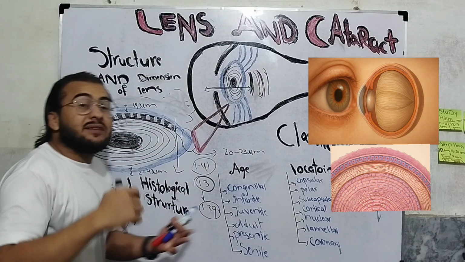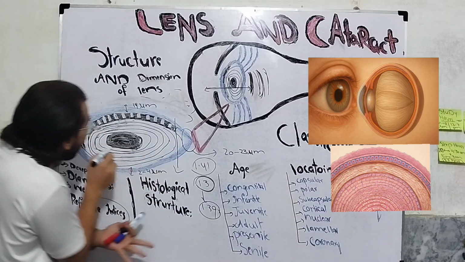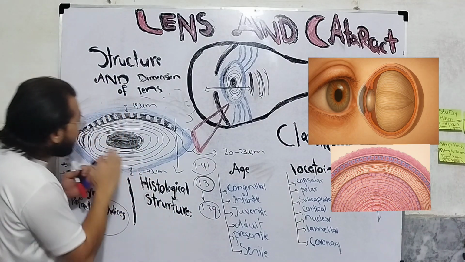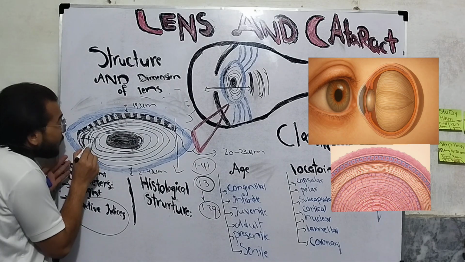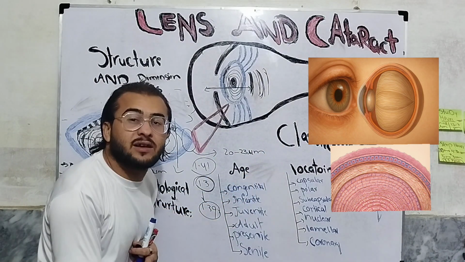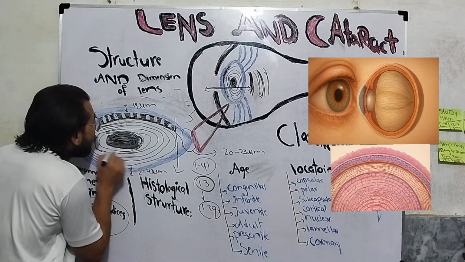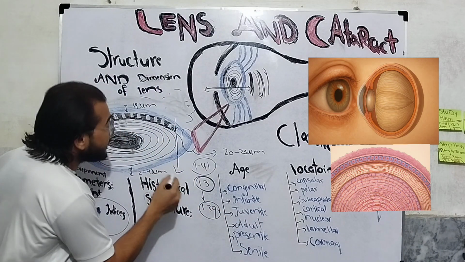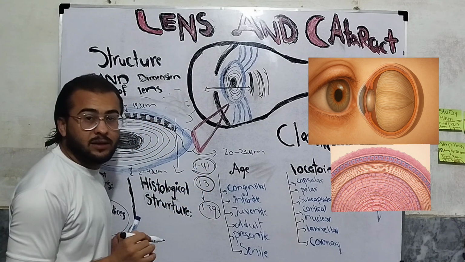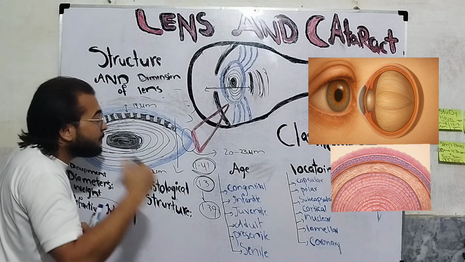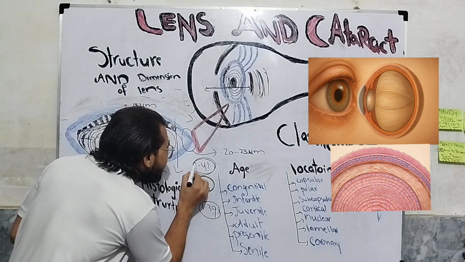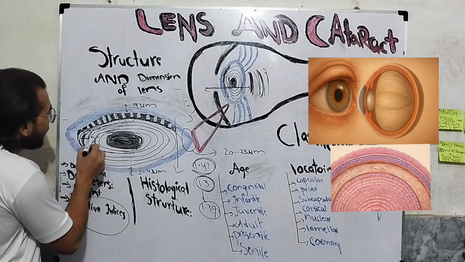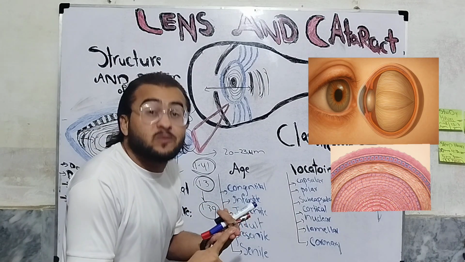So that's why it is called the cortex, and the fibers which are in the center are old fibers. As the new fibers come, they push the old fibers into the center, and these fibers are so compactly arranged that they become hard, and they have a refractive index of 1.41. So because of its hardness and compactness, it has a refractive index of 1.41, and it is called the nucleus of the lens, okay? So this was about the third structure, the lens fibers.